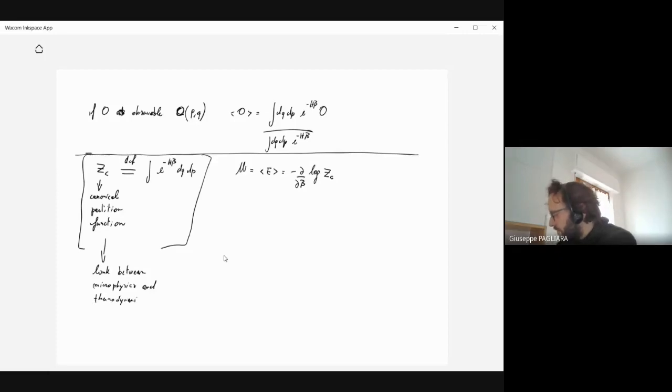Actually, we will see that the canonical partition function is related to the Helmholtz free energy. We will see this in a moment.